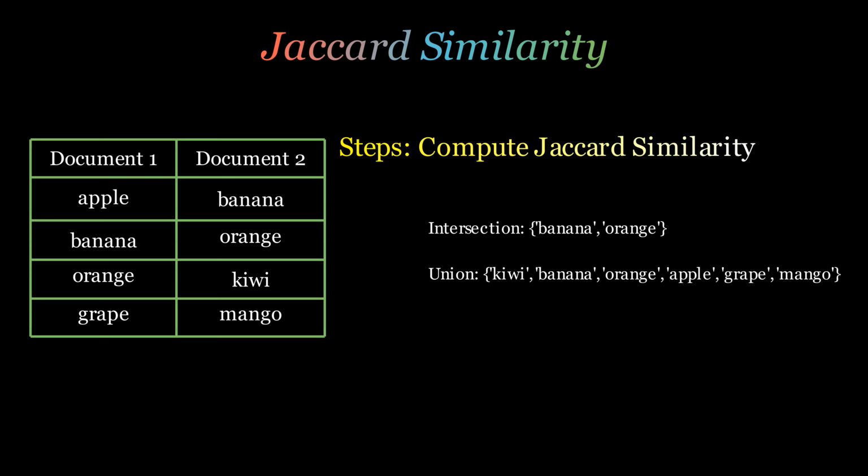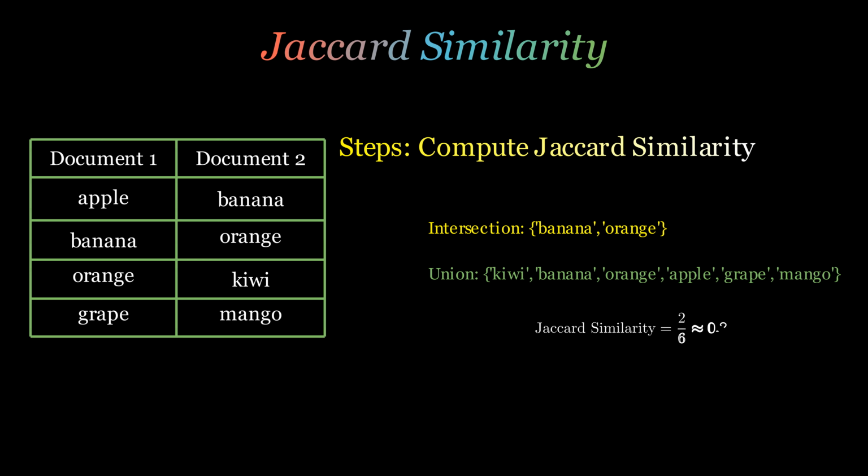Here, the intersection contains banana and orange, which are common to both sets. The union includes all unique words from both sets: apple, banana, orange, grape, kiwi, and mango. Finally, we compute the Jaccard similarity by dividing the size of the intersection by the size of the union.